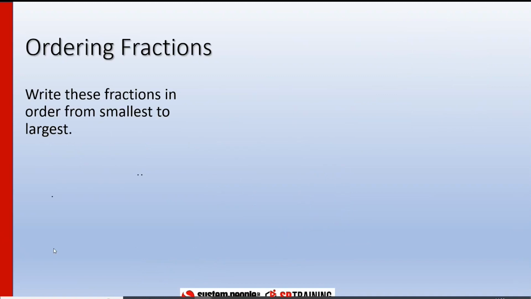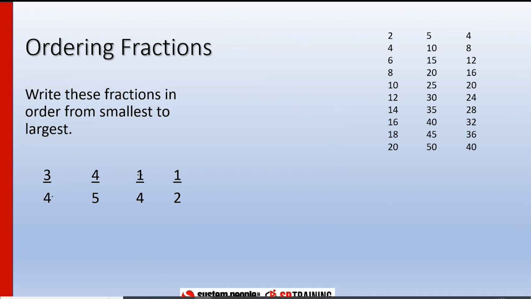But what about some more complex numbers? Well, we've got these fractions to go from smallest to largest. We've got 3/4, 4/5, 1/4, and 1/2. And we're going to check out our 2 times table and our 4 times table and our 5 times table, because they're the denominators that we have here.